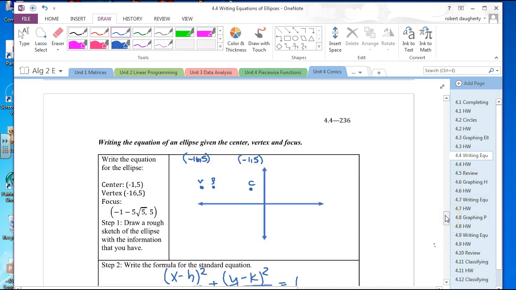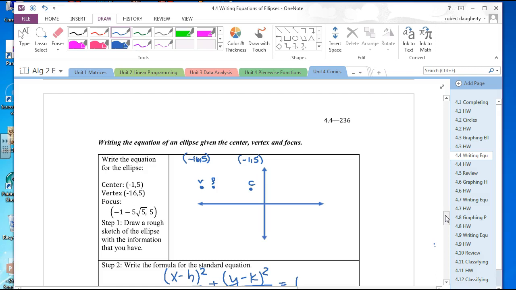What's the distance from C to F, from the center to the focus? By definition, which variable is that? That is C. From the center to the focus, that's the focal length. So how do I go from negative 1, 5 to negative 1 minus 5 root 5, 5? What's the distance there?